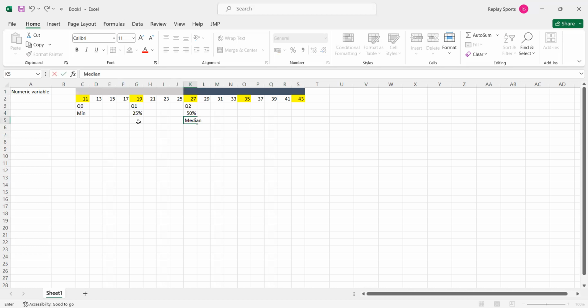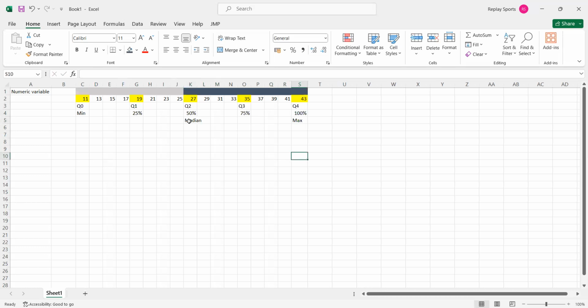This is called Q3, quartile 3, or 75% of the data. Then this is your quartile 4, 100% of the data, or your maximum value. So we use quartiles to divide the entire data set into 4 quarters.